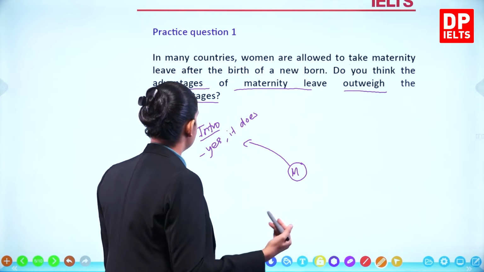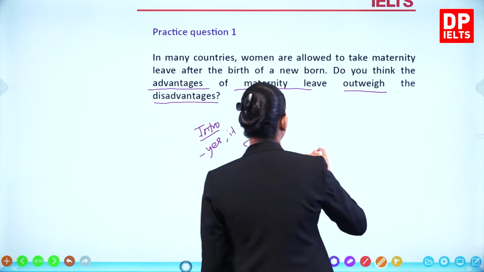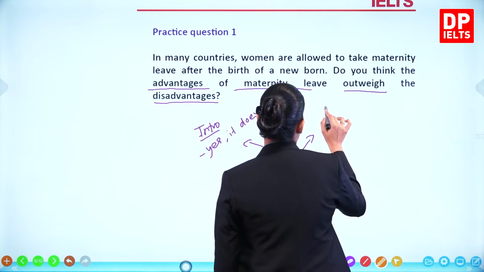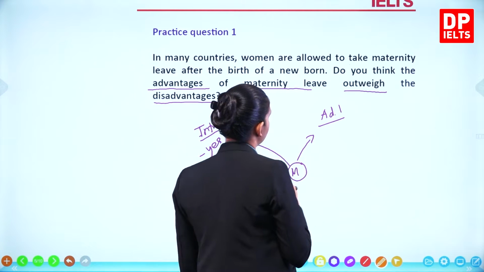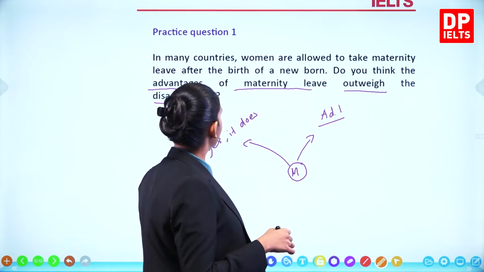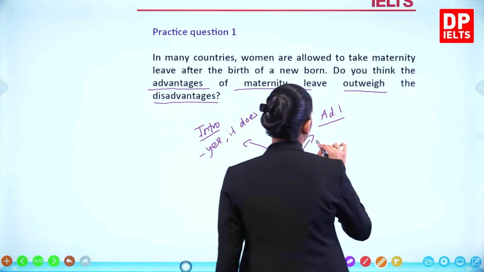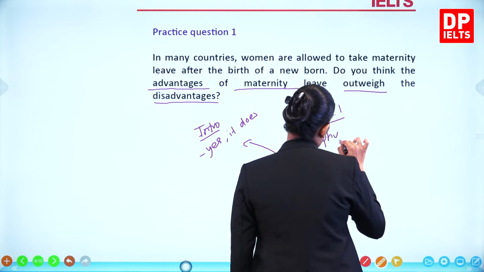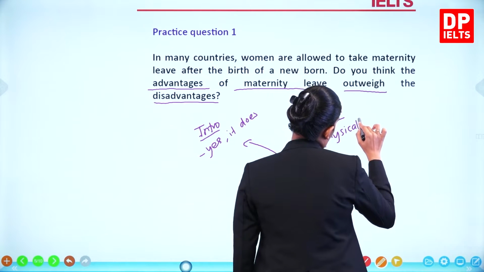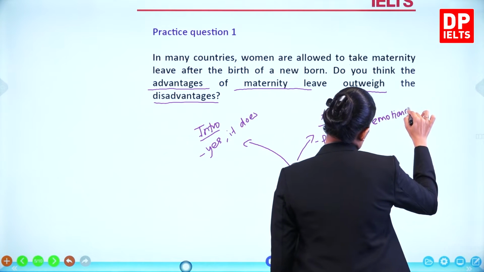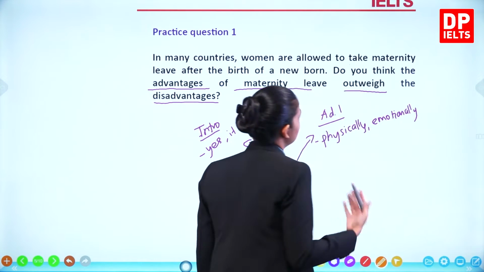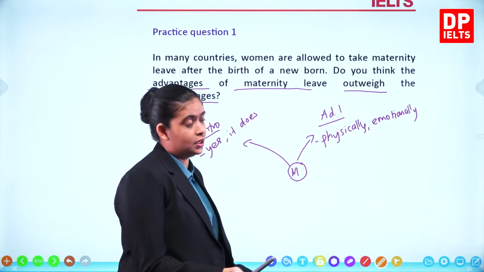Now, why do I say that? Number one, advantage one. I would say that obviously women are physically and emotionally, I wouldn't say they're down, but it's a bit different. Physically, you're different.